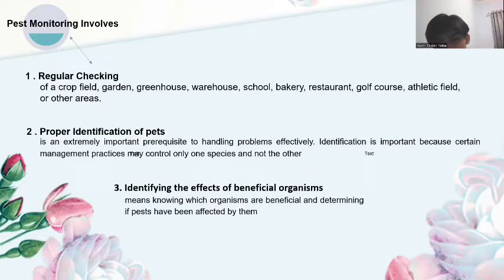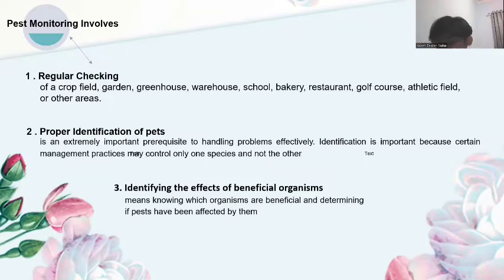Identification is important because certain management practices might control only one species and not the other. Correct identification enables you to manage the real source of the problem and avoid merely treating the symptoms or controlling organisms that are not pests.